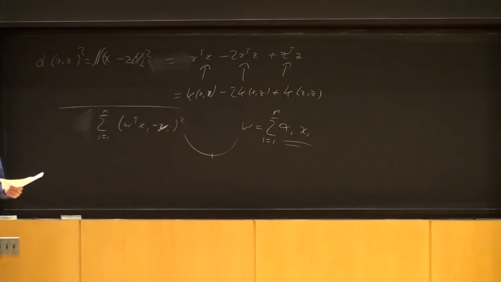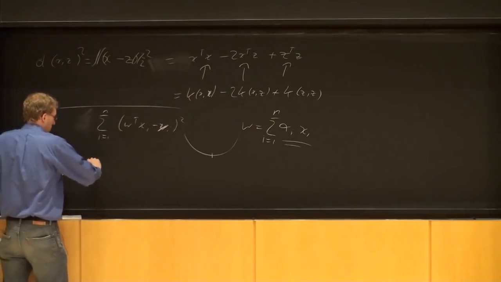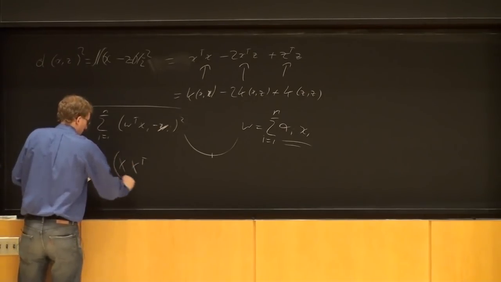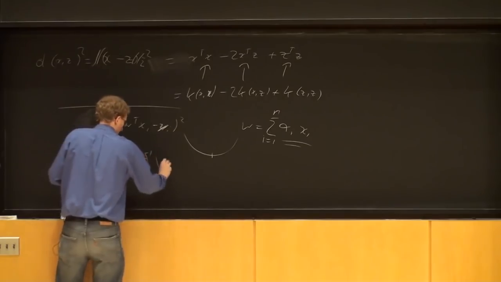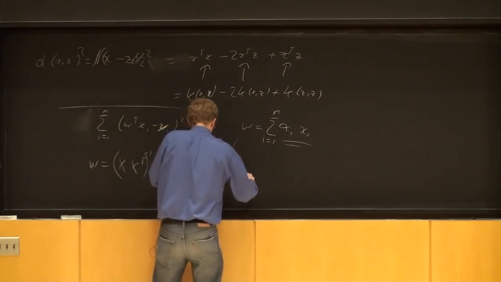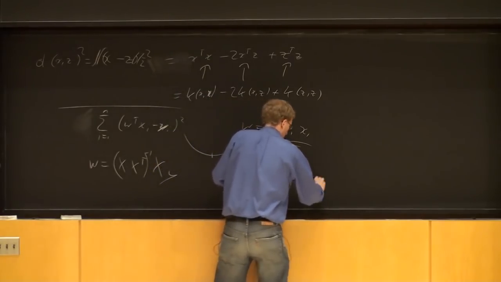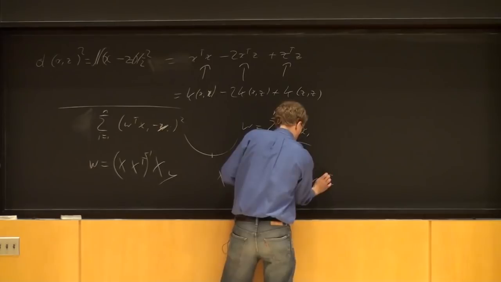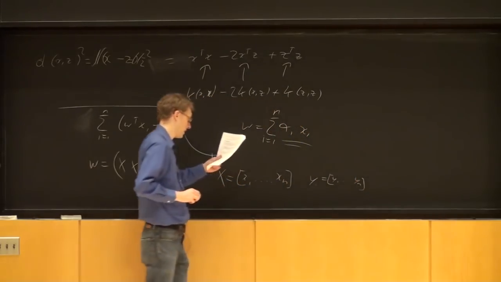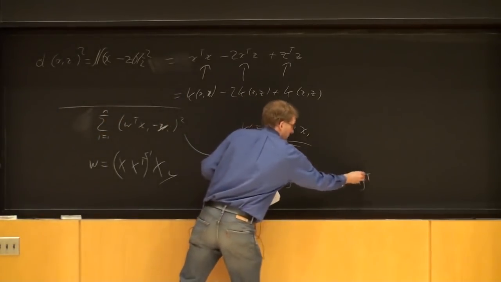So essentially we take one Newton step. The closed form solution for ordinary least squares is W equals XX transpose inverse XY, where X is the matrix with all the inputs stacked in columns, like the way your projects work, and Y is all your y's, transposed.